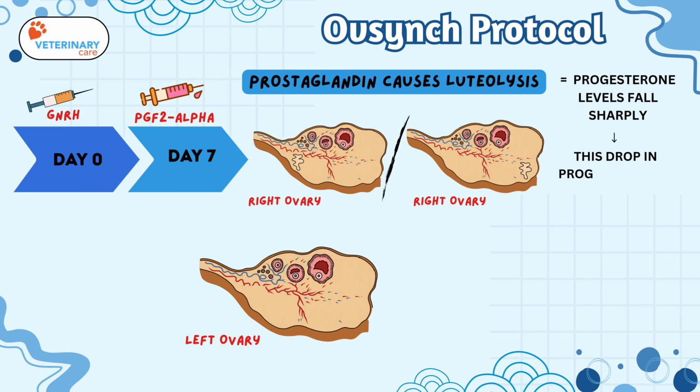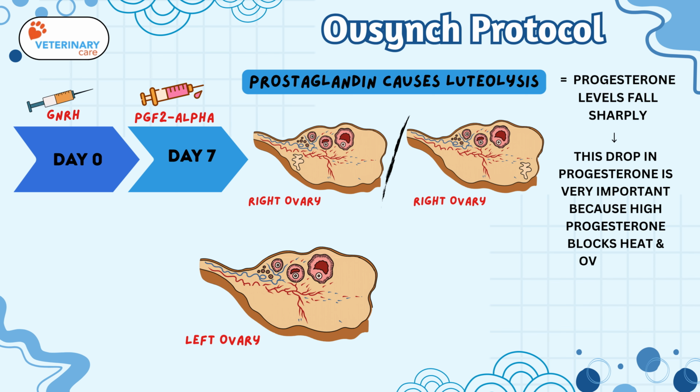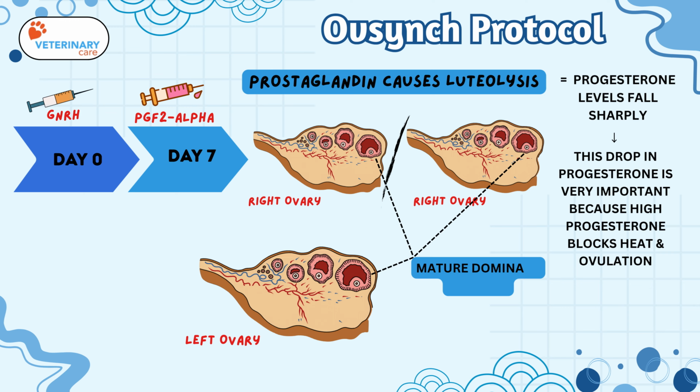This drop in progesterone is very important because high progesterone blocks heat and ovulation. Once progesterone decreases, the dominant follicle from the wave that started after day 0, on either the right ovary or the left ovary, can grow freely and prepare for ovulation. So now all the ovaries are in the same stage, having a mature dominant follicle that is prepared for ovulation.